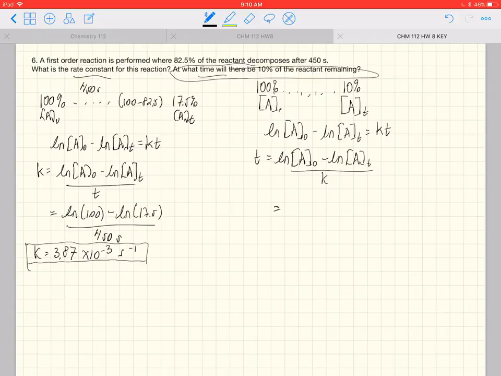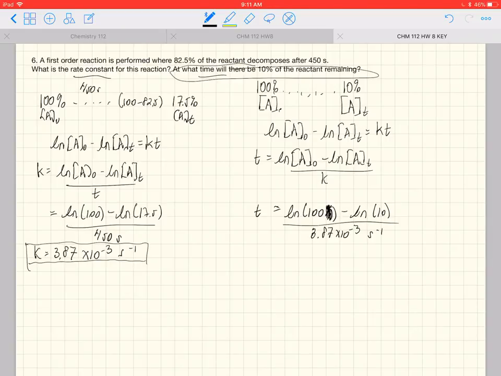And so the initial amount, once again, is 100%. And the amount at time t, it says, is 10. I'll just use 100 here. And divide that by the k, which we calculated previously, in inverse seconds.